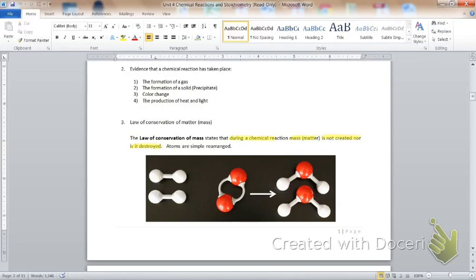Well, you have one atom of hydrogen, two atoms of hydrogen, 3 and 4 atoms of hydrogen. So if I start out with 4 atoms of hydrogen and I'm going to obey the law of conservation of mass, then at the end of the reaction I should have 4 atoms of hydrogen, in which I do. 1, 2, 3, 4. So therefore the hydrogen atoms have been conserved during this chemical reaction.